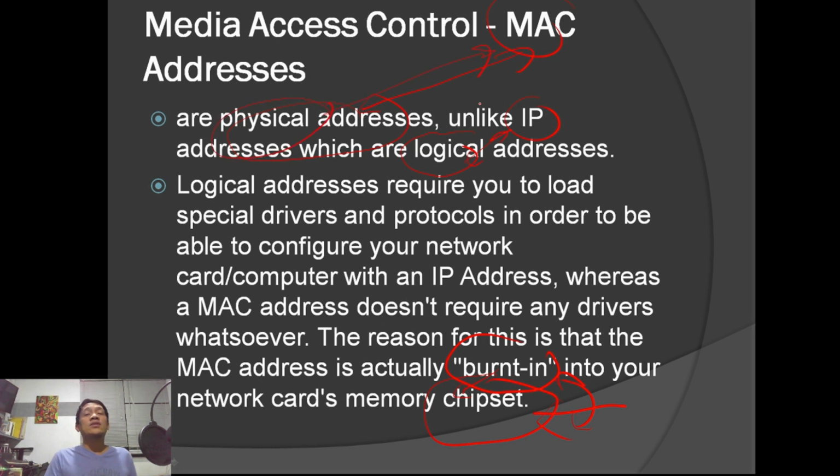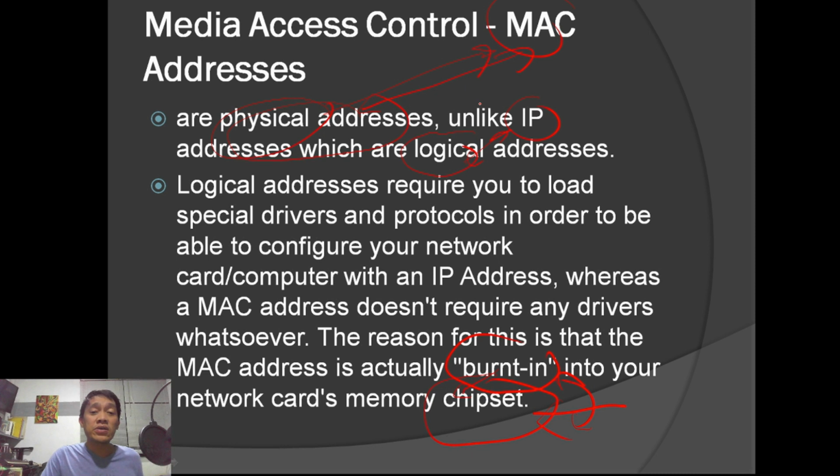Okay? So on the physical level, MAC address is very important. Okay? Because on the physical layer, basically lahat nun requires physical addresses, because we are dealing with electrical signals on the physical layer. So basically, it requires a physical address.